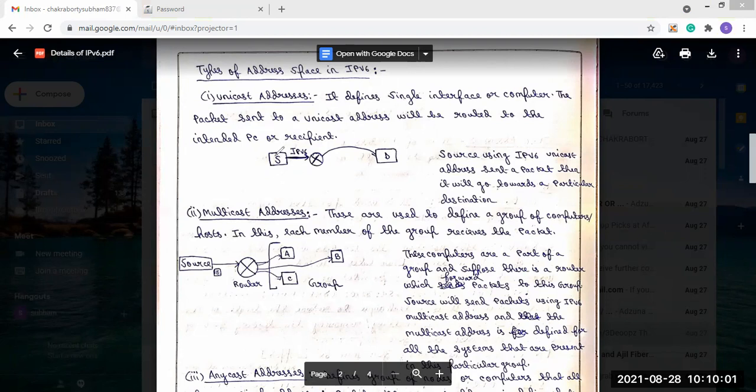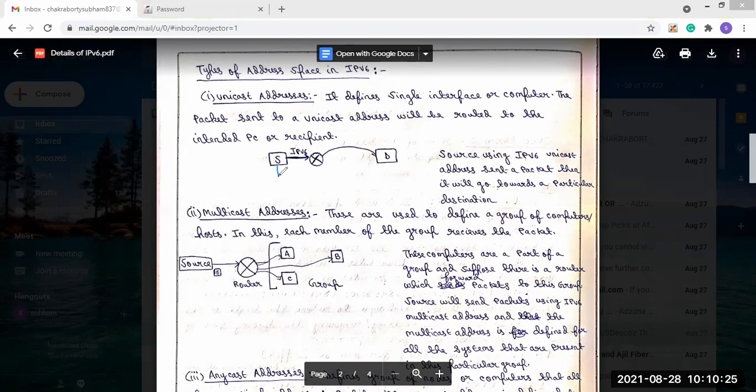Let's say there is an example where there is a source present and another one is the destination. Now let's say the source is using the IPv6 unicast address, and using this address it sends a packet.